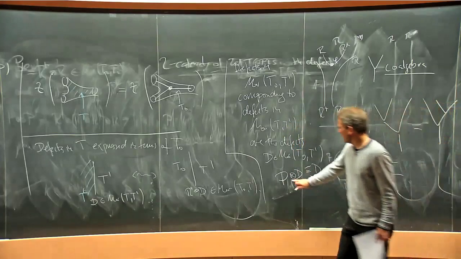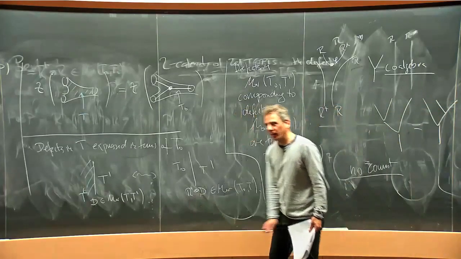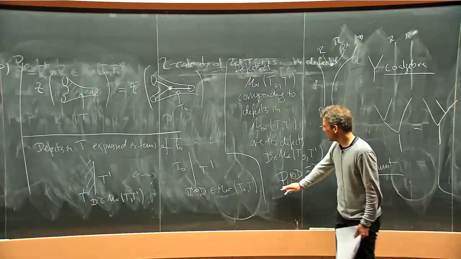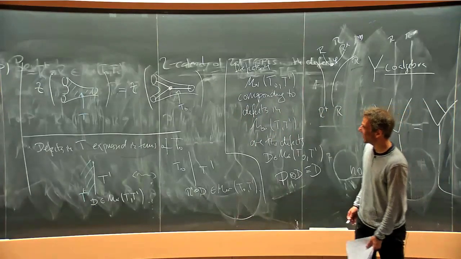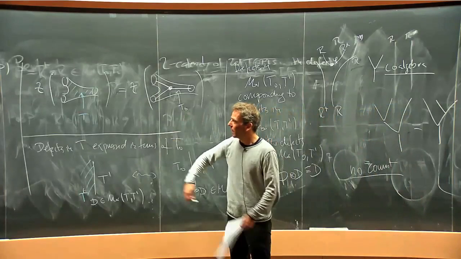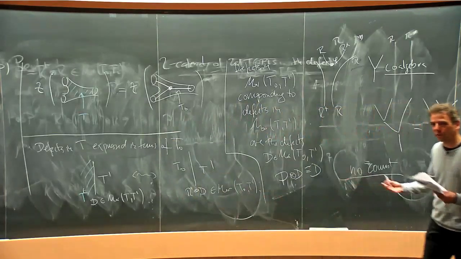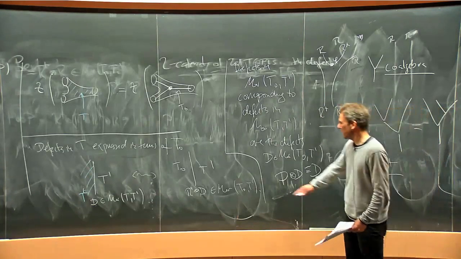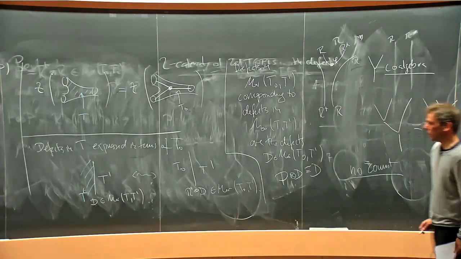These are exactly the defects in the image of the left multiplication by R. So now you have a nice characterization of your defects in the theory T in terms of your simpler defects in the theory T naught.